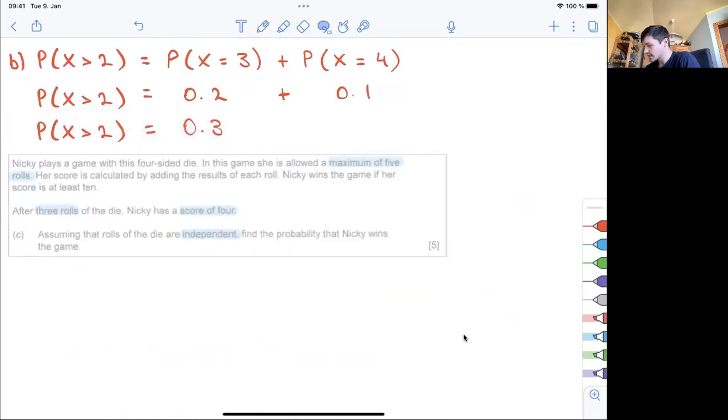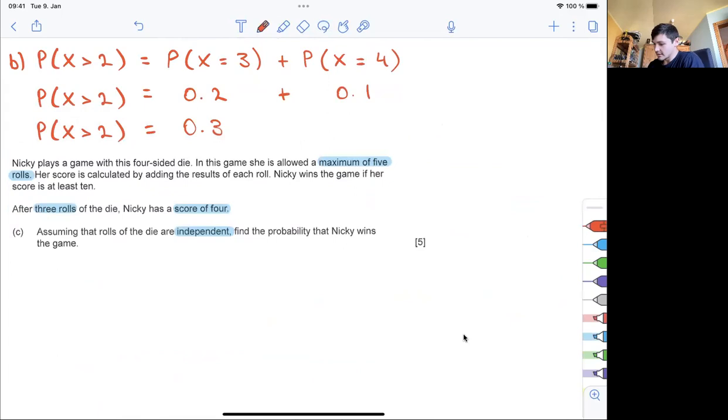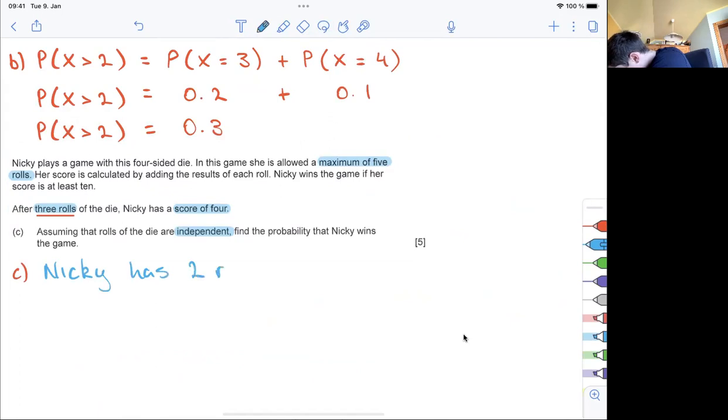All right, so if she's already done 3 rolls, that means she must have 2 left, yeah? So we'll put in C here, and we'll say Nikki has 2 rolls left, and in order to win, she must score 10.